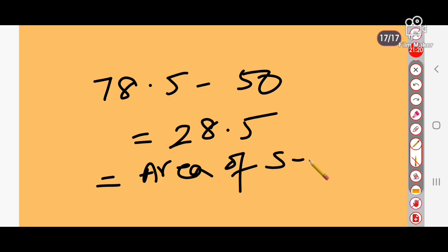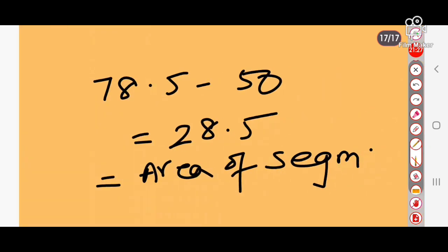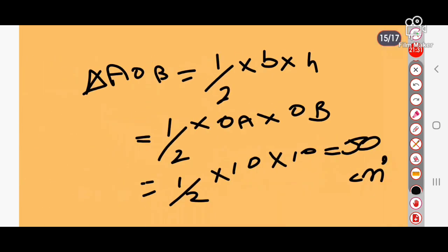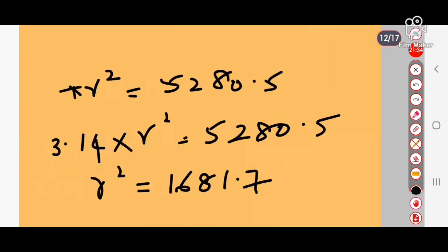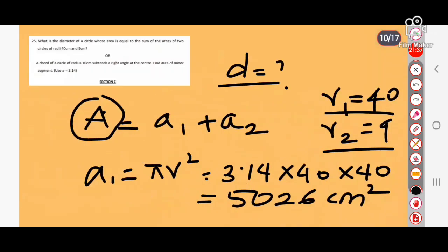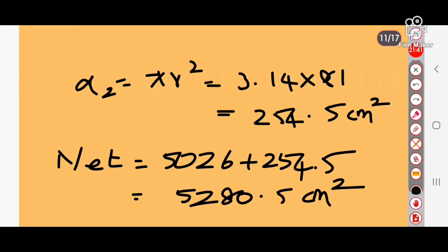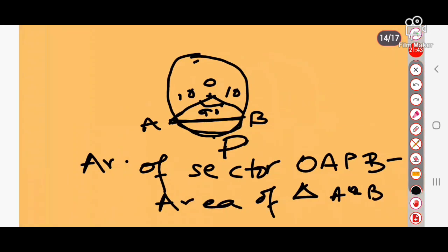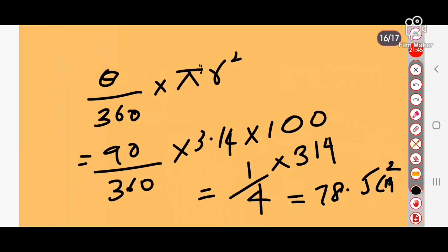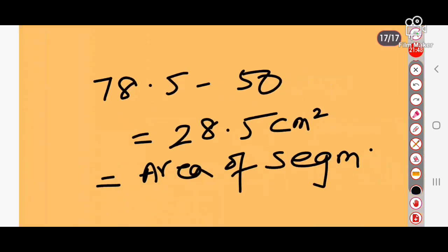We will see the question: find the area of minor segment. We have found the area of minor segment to be 28.5 centimeter square.